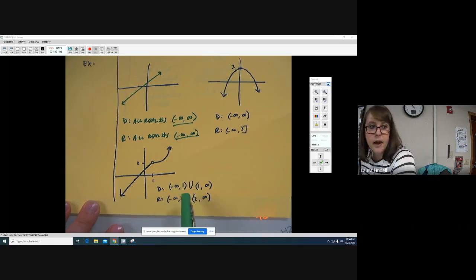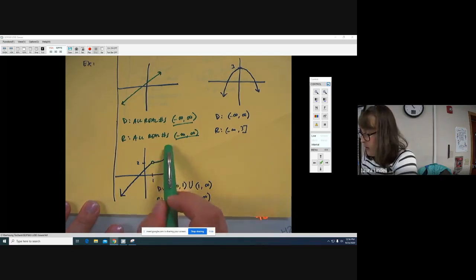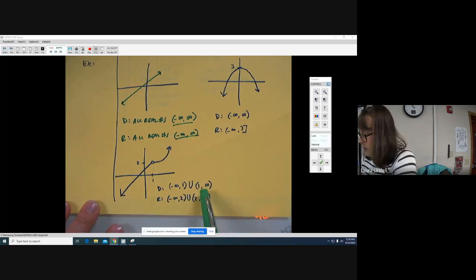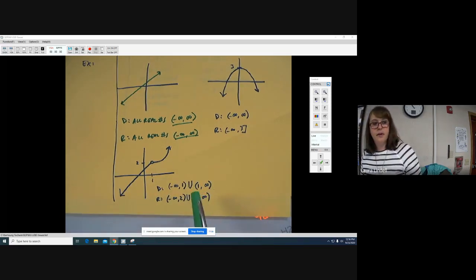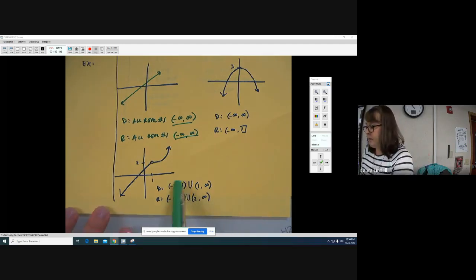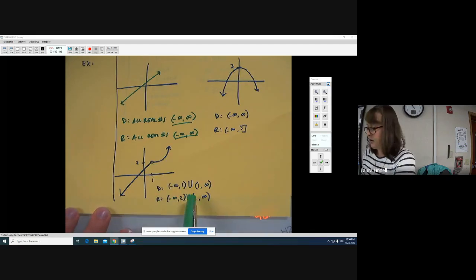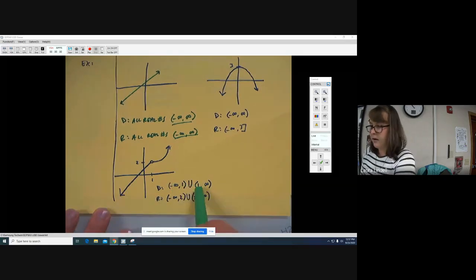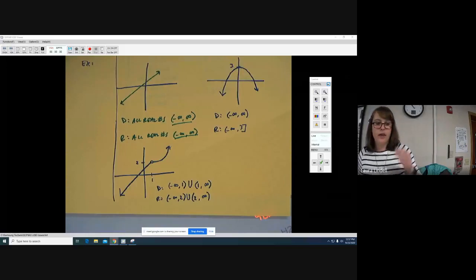So we don't do a bracket, we do a parenthesis instead. And then I know it starts at 1 and goes to infinity again, but not including 1. So that's where the 1 to infinity comes from. So if you're going to exclude a number, you just break up your sets into 2 pieces, wherever you have your discontinuity. And that's what goes in the middle here, so that you can get rid of that value.